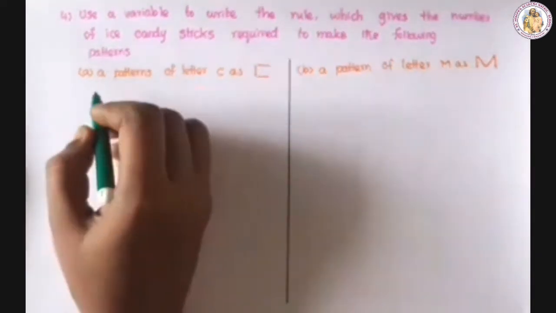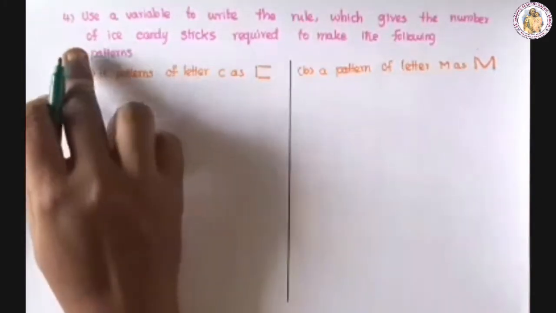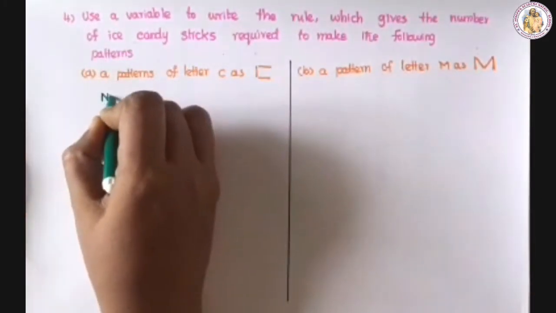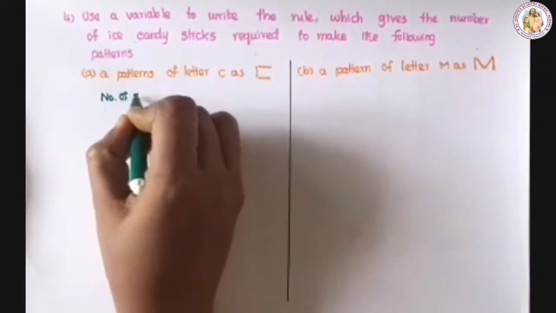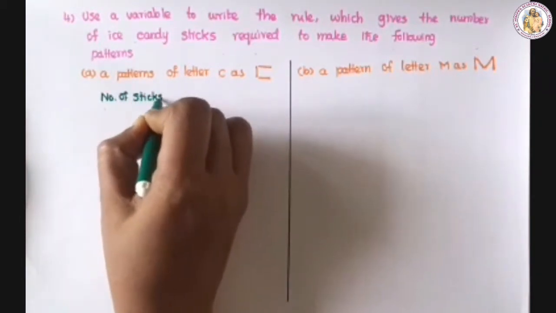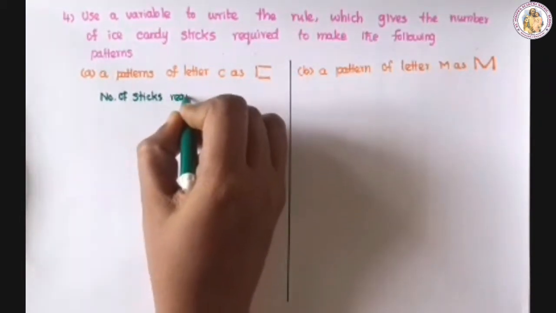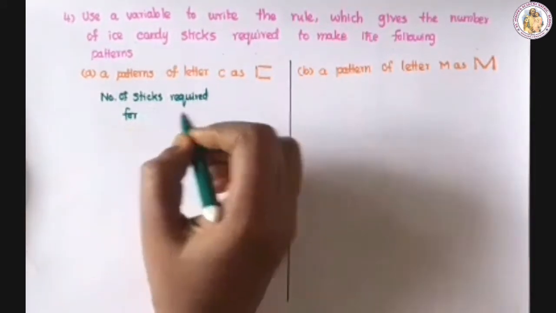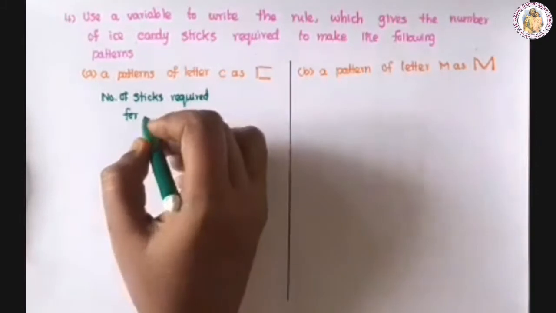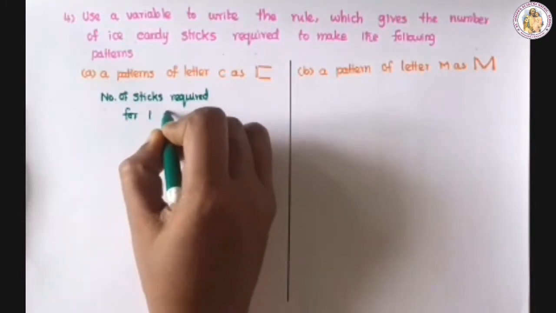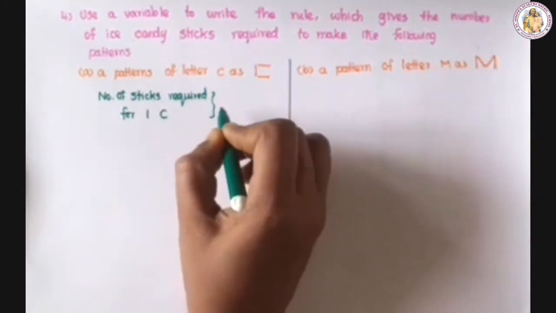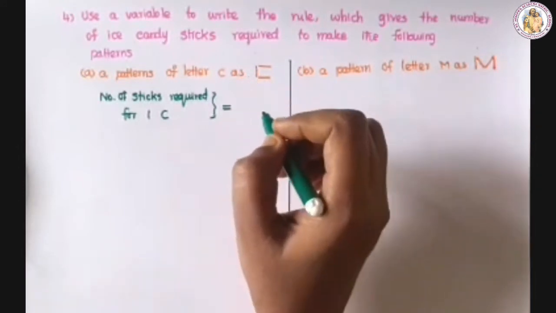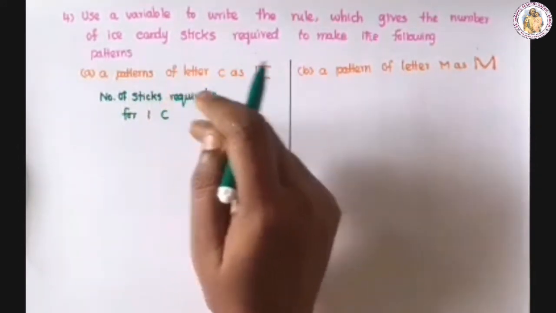So, number of sticks required for one C. One letter C made means 3 sticks required.